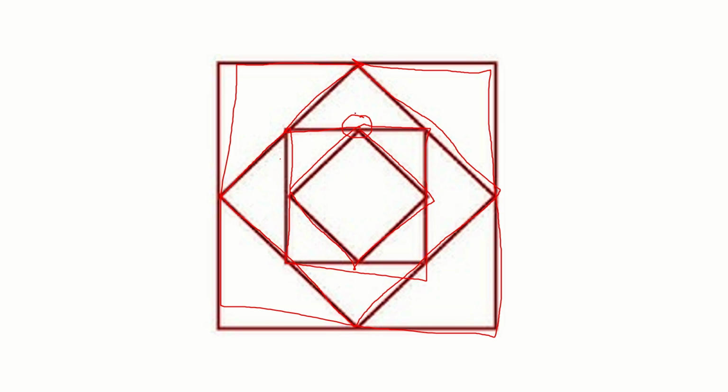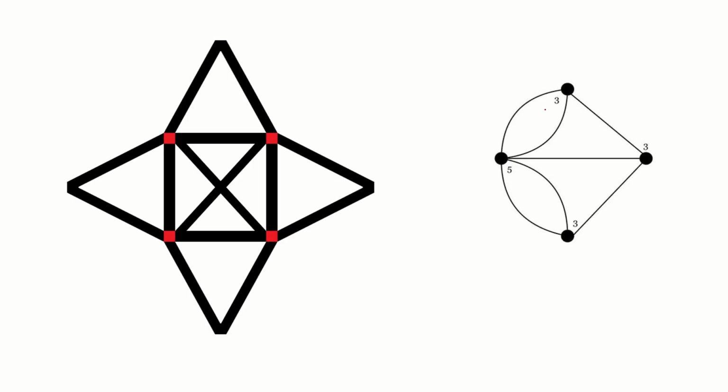So I started and ended on this vertex. Okay, so this is check. Now these two are examples of which we cannot draw this one without lifting our pen.